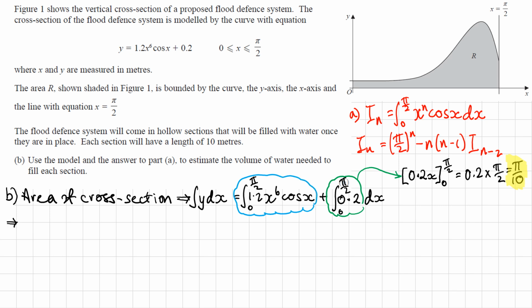So using what we had from part A, this is basically 1.2 lots of I sub 6.